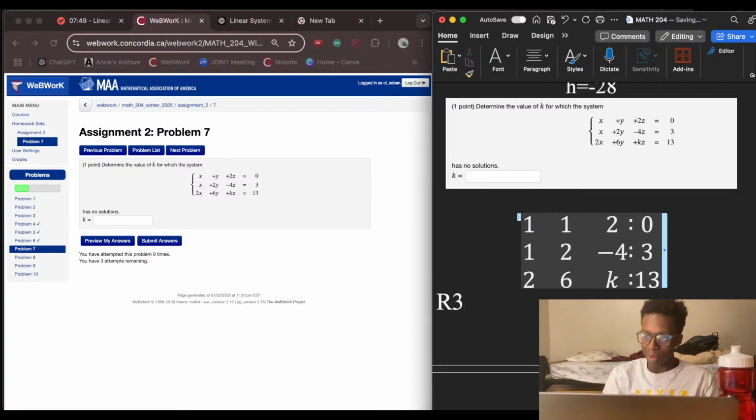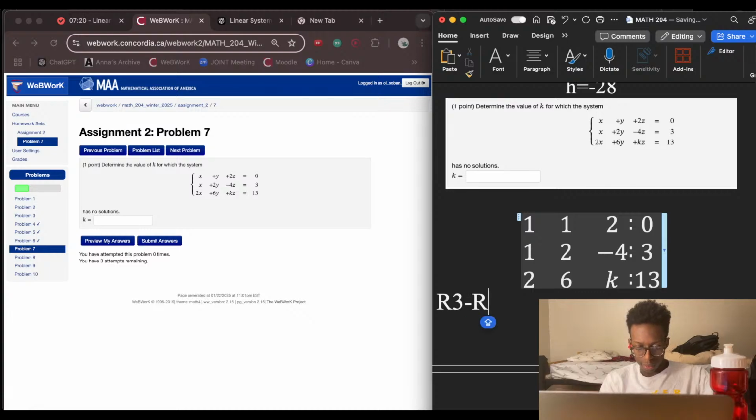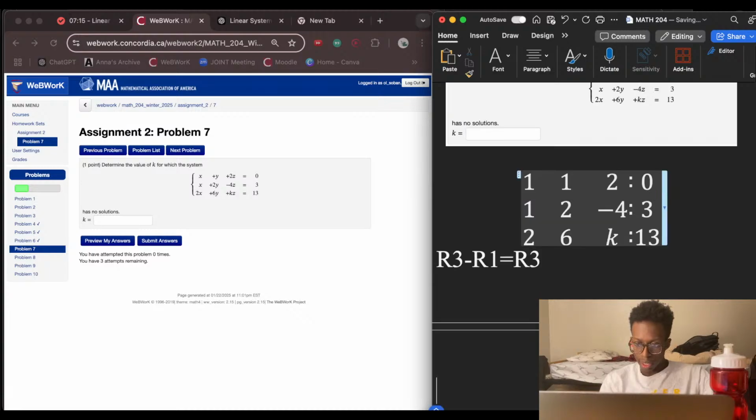So let's go, easy peasy. So root 3 equals row 3 minus row 1.